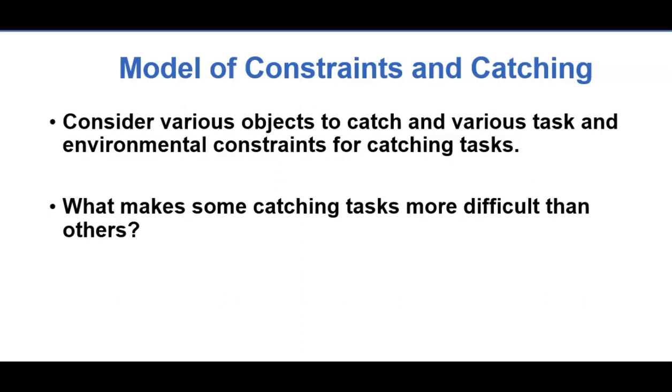So think of the task that needs to be done in the catching or the throwing or the kicking or the striking, and think about what environmental or other constraints would come into play when they're trying to do that activity.